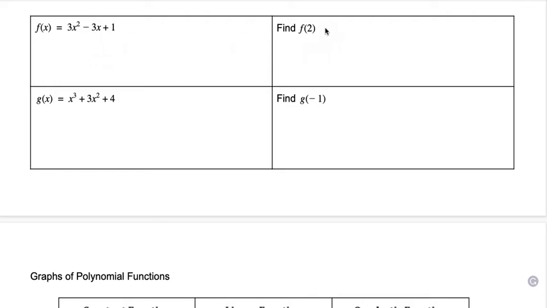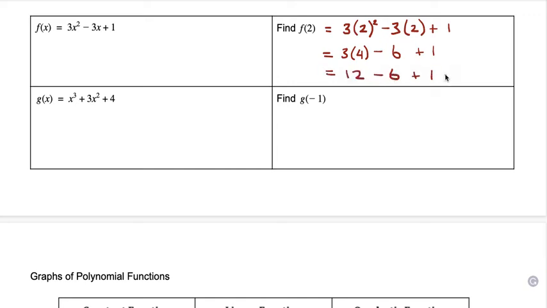So every time we see x, we've got 3 times, now we see an x, so we put in 2 squared minus 3, and we've got another x there, so plug in a 2, and then plus 1. Okay, so 2 squared is 4, so that's 3 times 4, minus 3 times 2 is 6, plus 1, and that's equal to 12, minus 6, plus 1, which is equal to 7. All right.